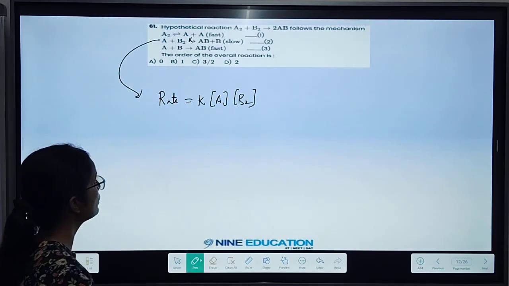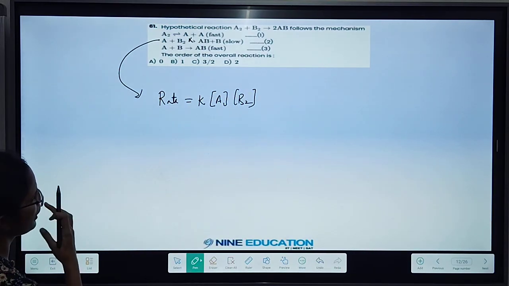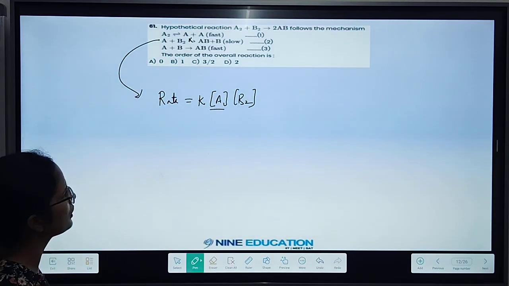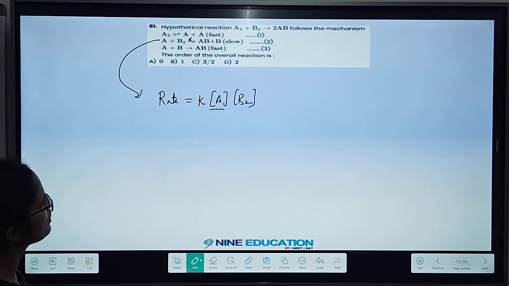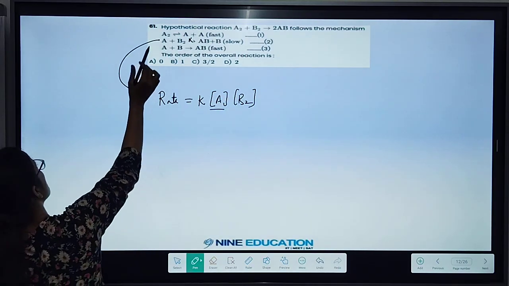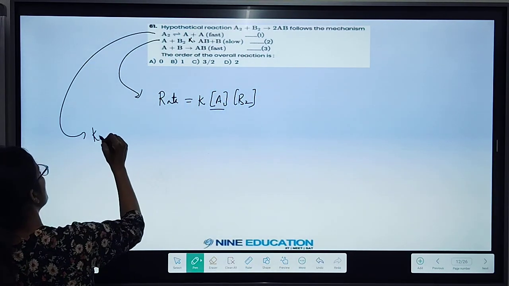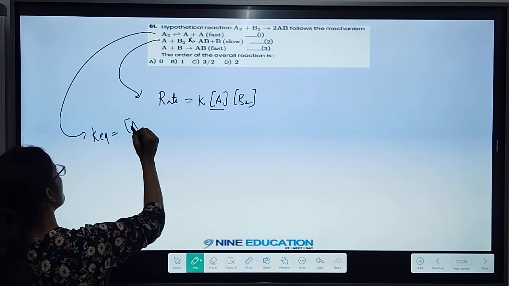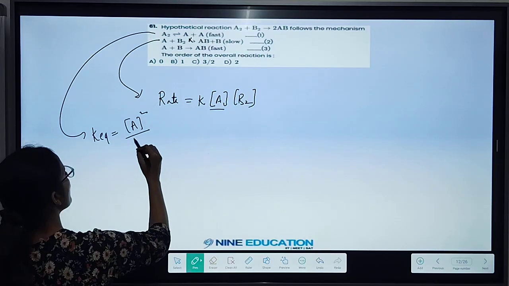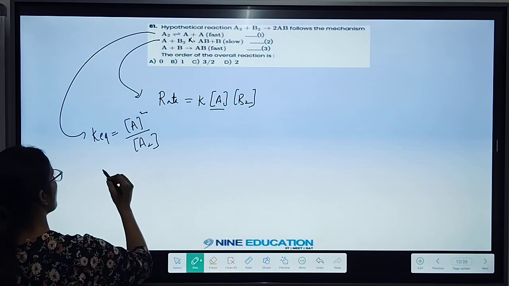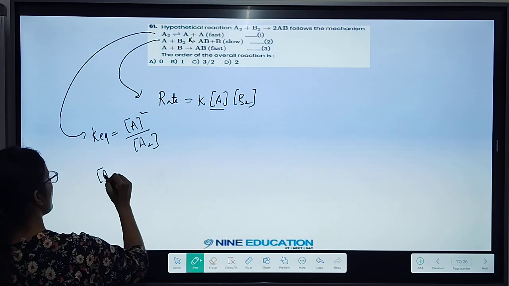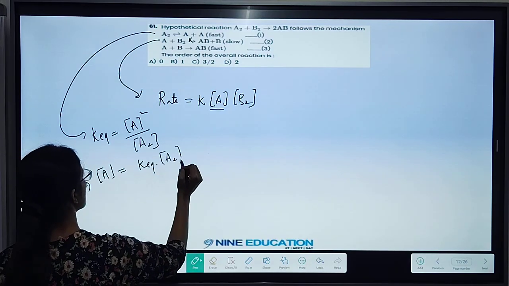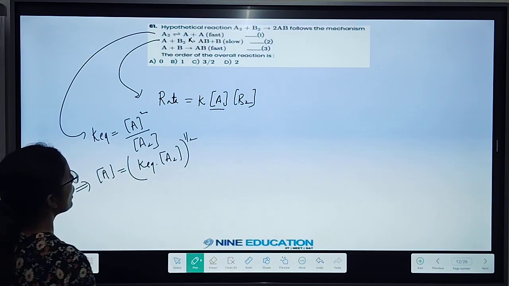Now we are not done with our complete expression, right? We can see that in this case, whatever this A is, it is some intermediate, it is not the reactant, and if we need to substitute it with some reactant, we can take the help of the first reaction. Let us say K equilibrium is the constant for the first reaction, so K equilibrium will be A concentration square divided by A2 concentration, and from here I can say that A will be equal to K equilibrium into A2 concentration raised to power half.